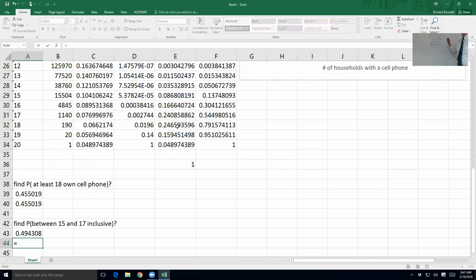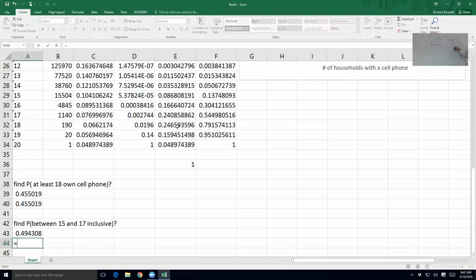Or as Tyler said, let's think about this again. Once again, I'm going to write this on the board. The probability that X is between 15 and 17. If we're doing the cumulative distribution function, we're going to do the probability that X is less than or equal to, let's do this side first, that's the easy one, 17, and we're going to subtract off the probability that X is less than or equal to, no, we're leaving it as less than or equal to because we want to use the cumulative distribution function.